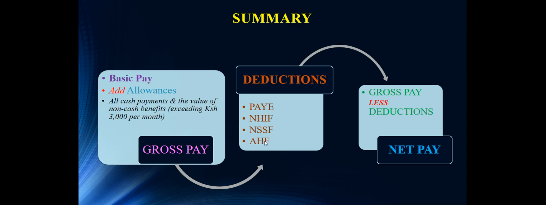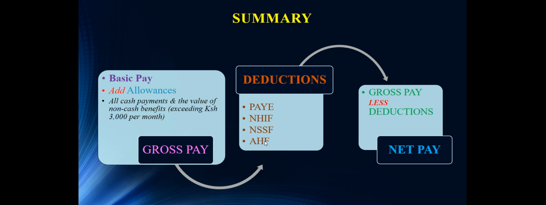Some other items that the employer may be willing to give you are allowances, in the form of cash payments, housing allowances, as mentioned, and medical or commute allowances. It is also good to note that all cash payments and the value of non-cash benefits are considered as allowances in this case, for amounts exceeding 3,000 Kenya shillings per month. These are added to the basic pay to get the gross pay.